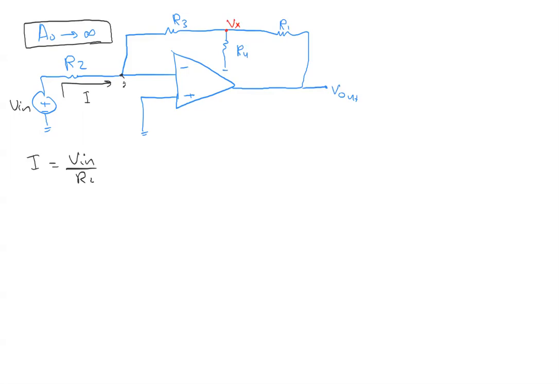And after that, we need to find how Vx is related to Vout. So it's again a voltage divider. It will be R3 in parallel with R4 divided by R1 plus R3 in parallel with R4 times Vout.